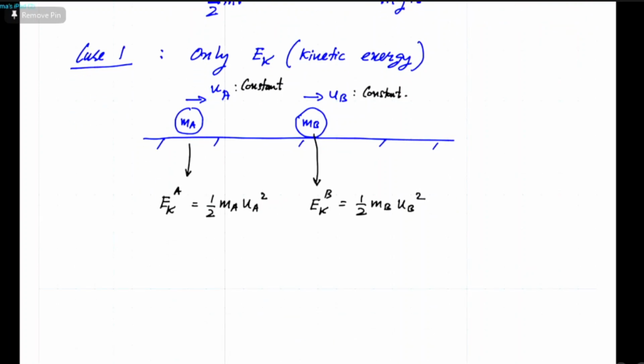Now what we have to understand here is this is my ground. From the ground, is there any elevation to the object? No. So that means from ground to this object, height is 0.